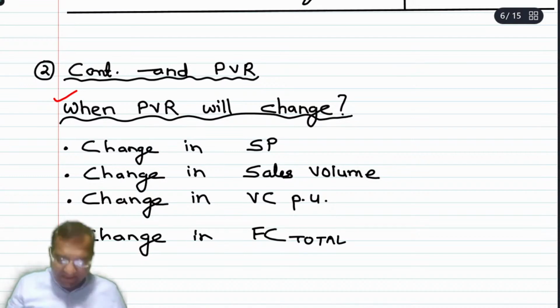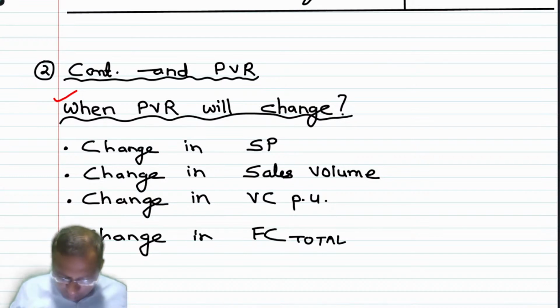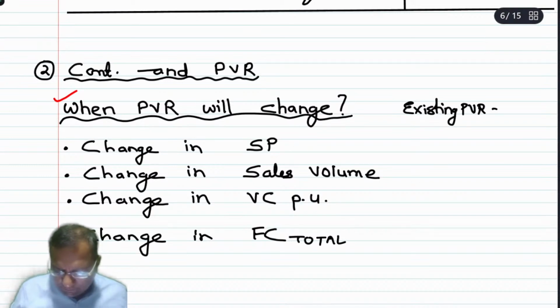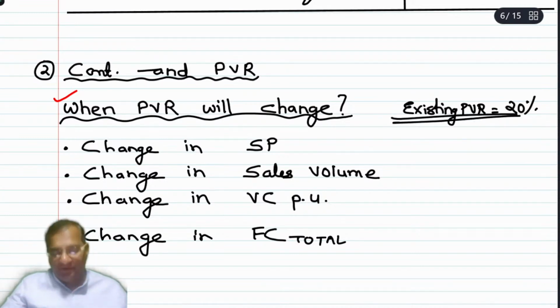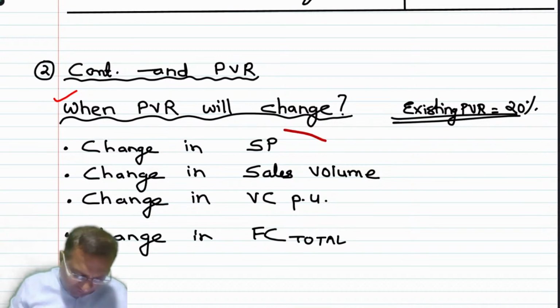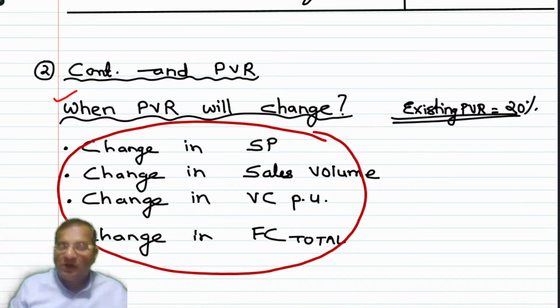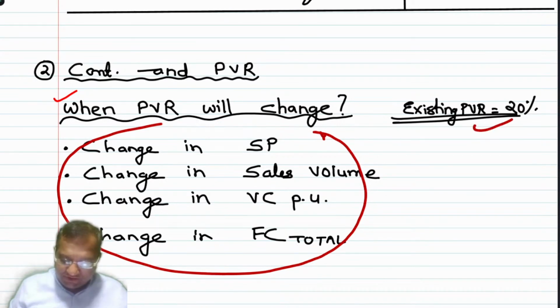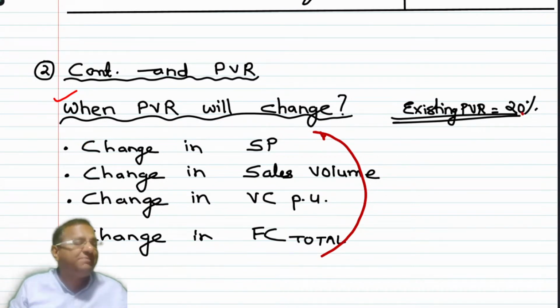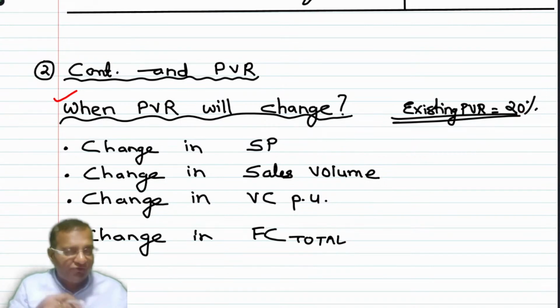Okay, what I mean to say, please listen very carefully. Suppose existing PVR is 20%. Out of these 4 situations, in some situations the existing PVR of 20% is still applicable. Even if that situation changes, the PVR will remain the same.